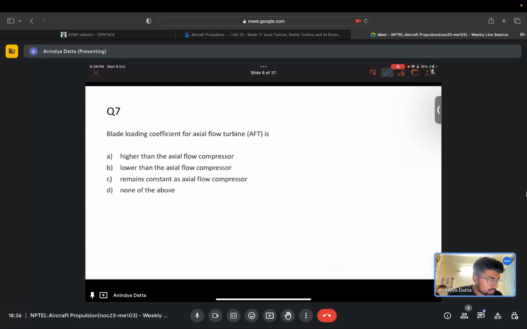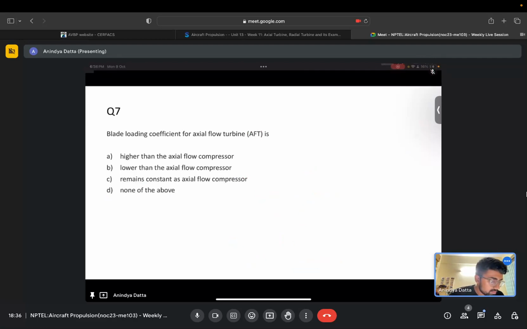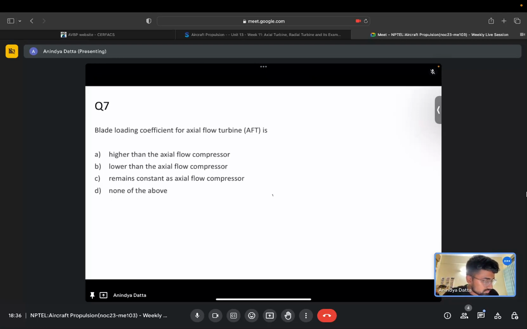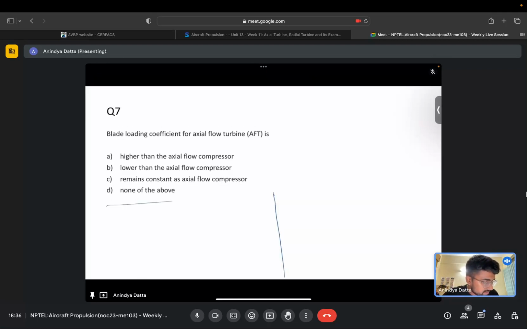The question is, is the blade loading coefficient of an axial flow turbine higher than an axial flow compressor, lower than an axial flow compressor, remains constant as in axial flow compressors, or none of the above? Let's look at this. We did the analysis for the axial flow turbine.